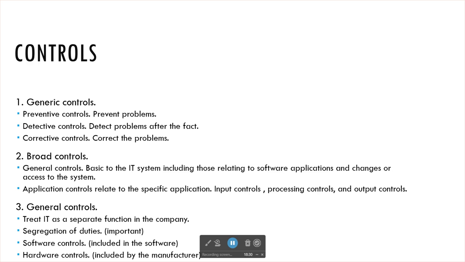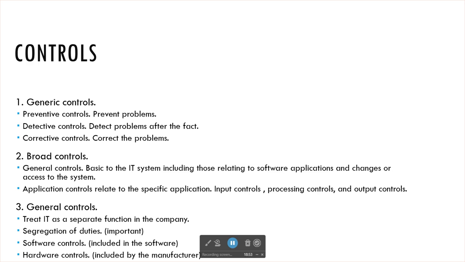The broad controls are general controls that are related to IT, including those to the software applications and changes in the access to the system. Specific application controls have to do with the specific application. These controls might be accessing things, processing them, the output that's provided.